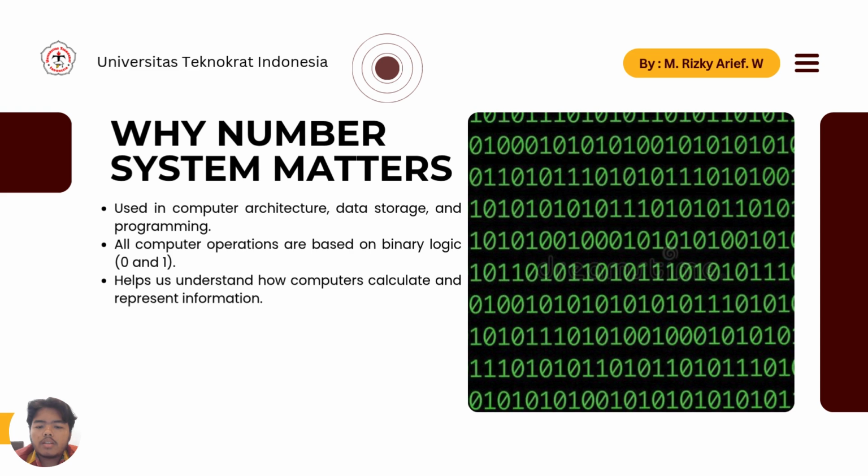In data storage, every file, image, or video you see is actually stored as a combination of zeros and ones. And in programming, we use different number systems to represent data, colors, or even memory addresses. By understanding number systems, we can better understand how computers calculate and represent all kinds of information. Next.